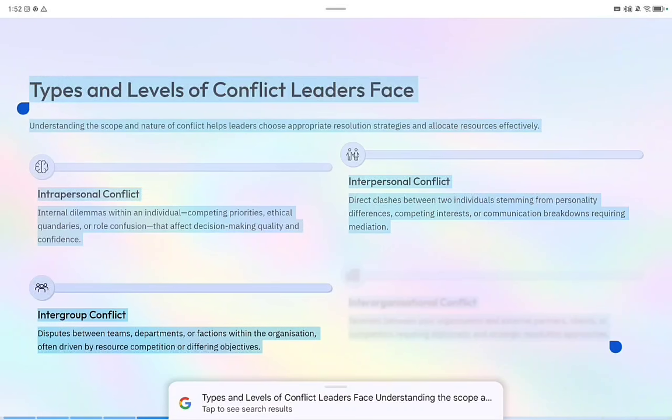The third type of conflict is the intergroup conflict. Dispute between teams, departments, or factions within the organization, often driven by resource competition or differing objectives. Sometimes it also happens that the intergroup conflict comes because of not very clearly writing down a goal.